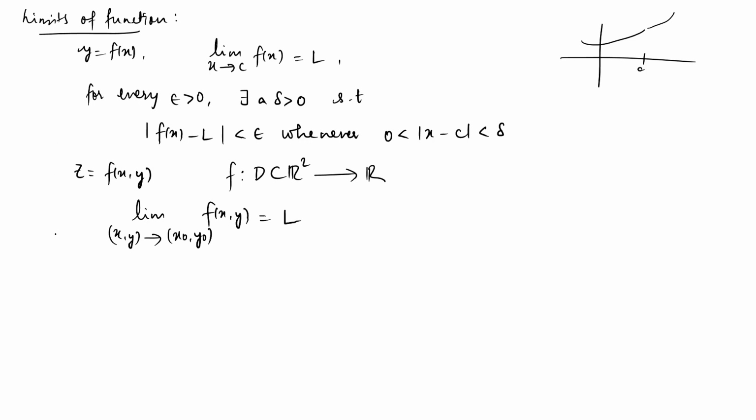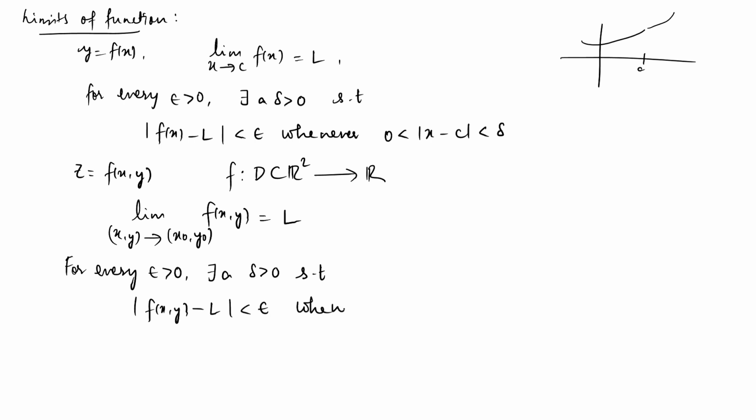So extending the same ideas here, for every epsilon positive, there is a delta positive such that absolute of f of x y minus L is less than epsilon whenever you have 0 less than absolute of x y minus x0 y0 less than delta.